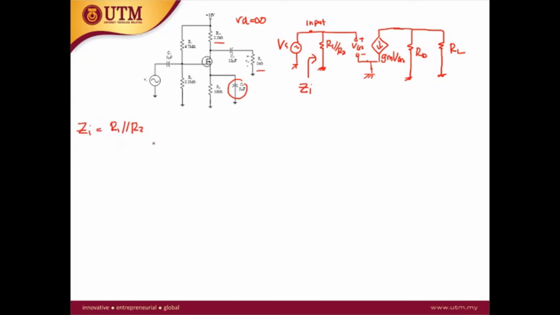So 4.7 mega parallel with 2.2 mega is equal to 1.5 mega. For the output impedance, it is seen from the output port. This is the Z out. The Z out is equal to RD, which is equal to 2.2 kilo.